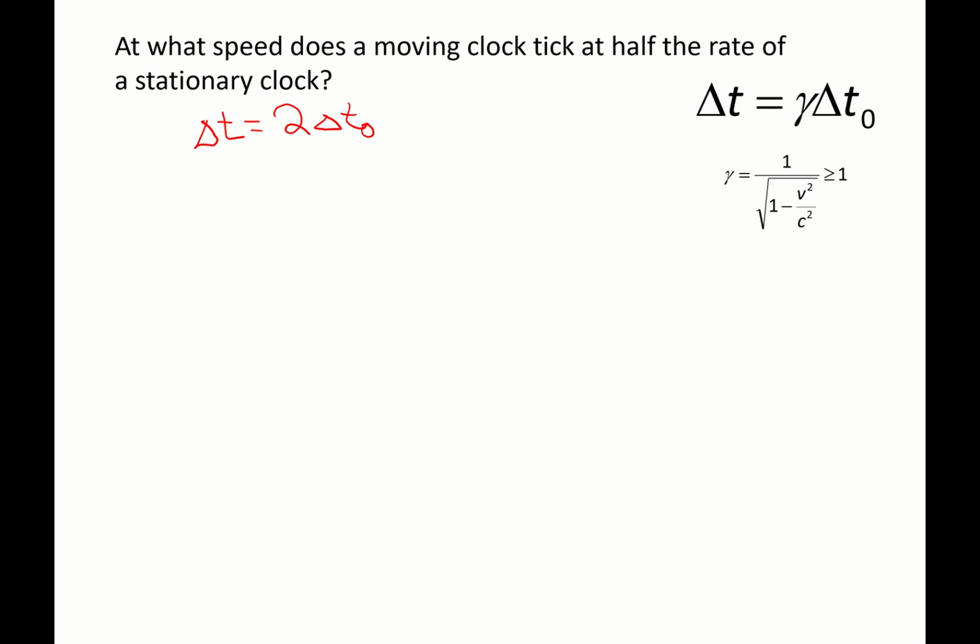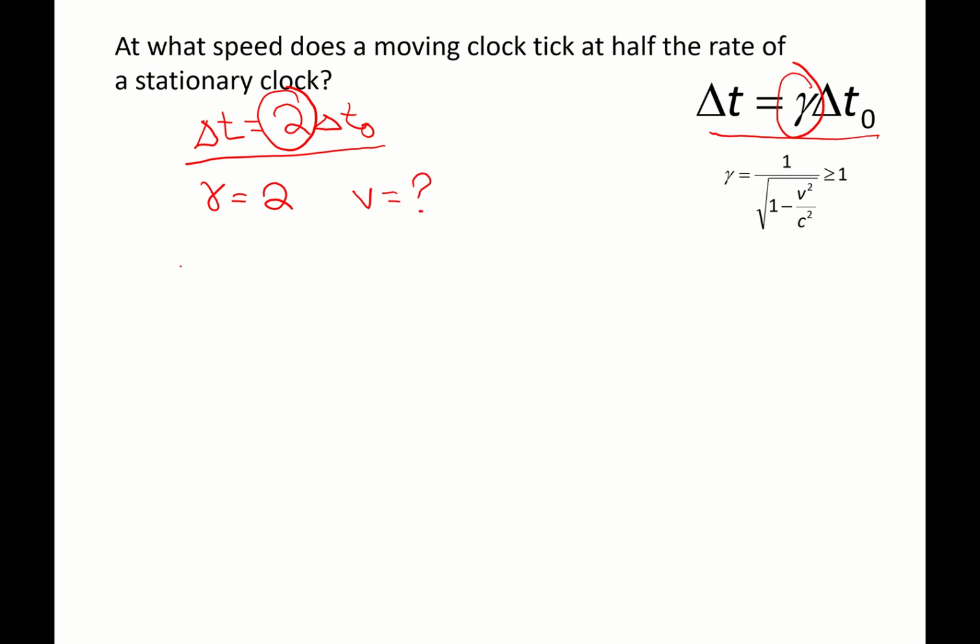So if I compare this equation and this equation, we can see that then the gamma is equal to 2. Okay, so gamma is equal to 2, and I want to find out what is my v.